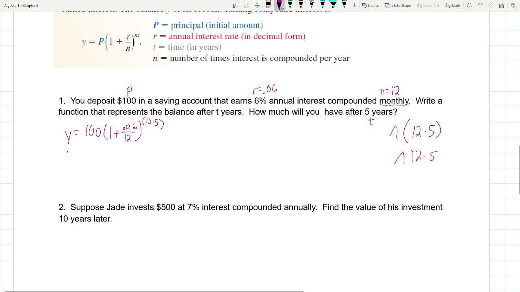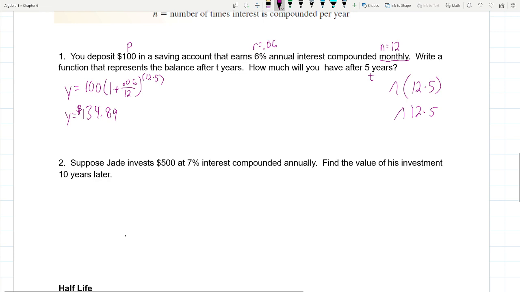So this winds up being y equals 134.89. So you have $134.89, and you earned $34.89 for just leaving it in your bank account.